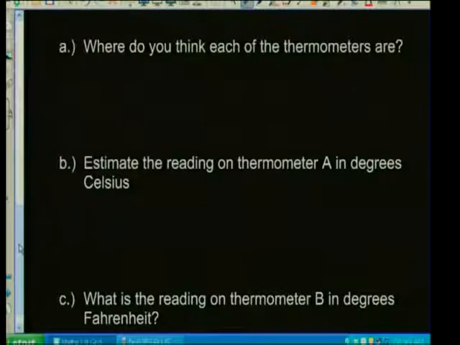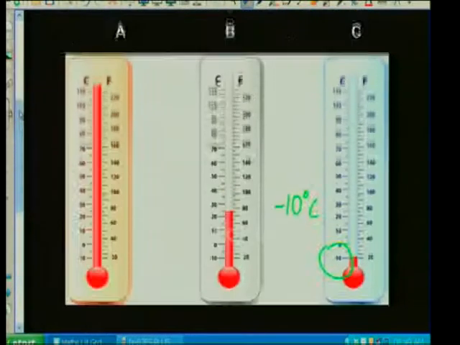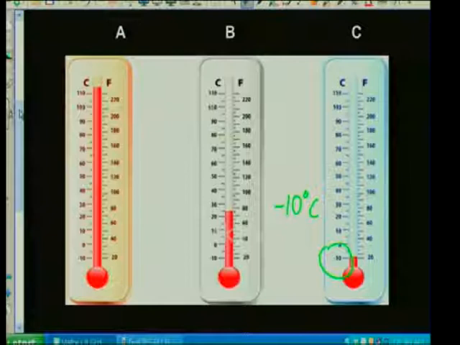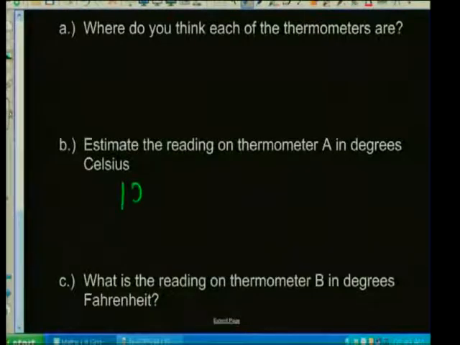Let's estimate the reading on thermometer A in degrees Celsius. Okay, it's above 110. It doesn't give us any more numbers, but we can look at the distance between 110 and 105. It's about the same, so I'm going to go with 115 degrees Celsius.